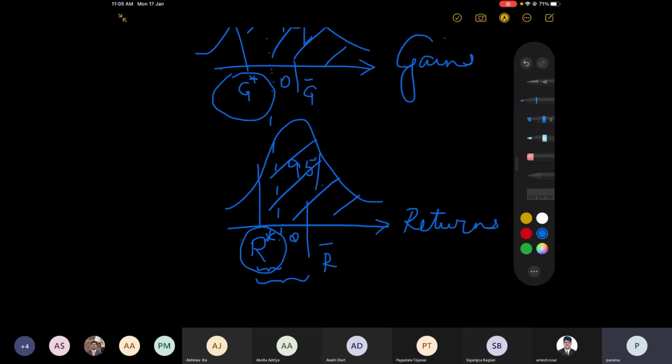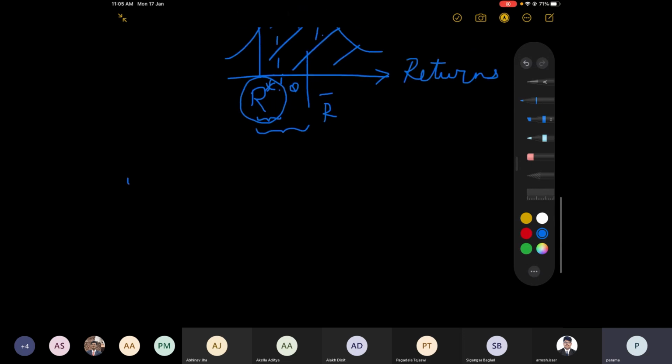We said we will download some data, and we can get values of losses historically. So let's say 1, 2, 3 till t days of data.